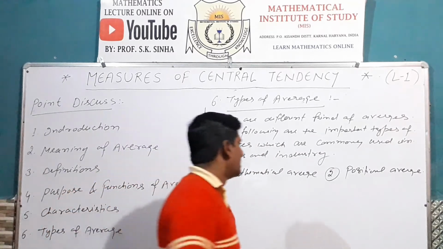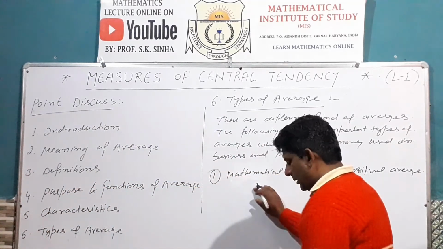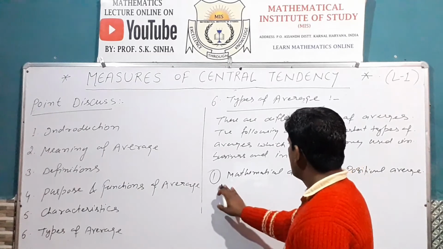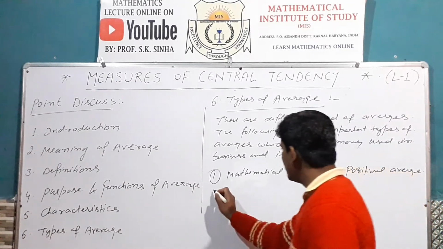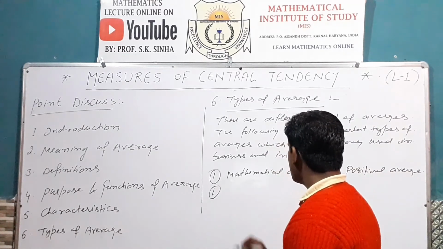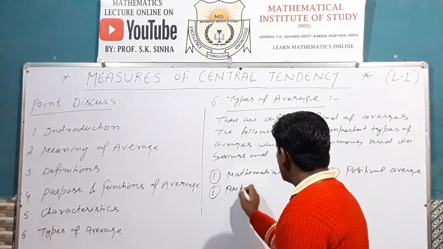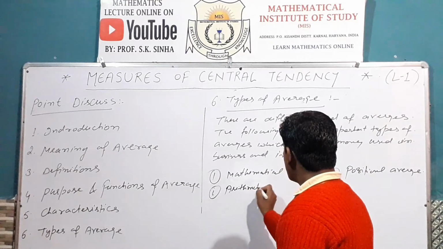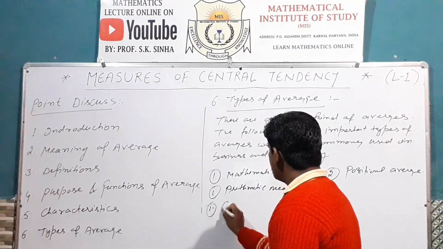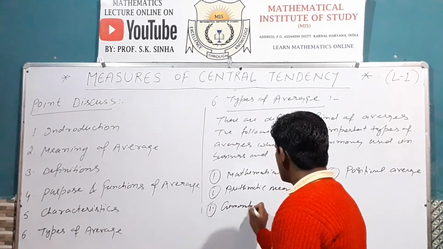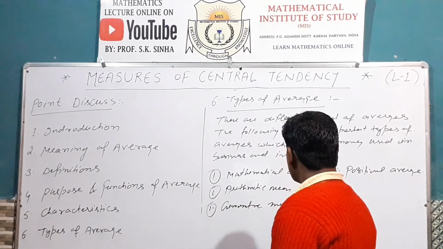Okay, students. The mathematical average is further of three types. Number one, arithmetic mean. Number two, geometric mean.